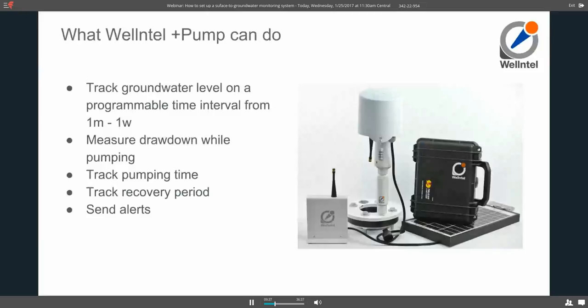Here I have pictured a Wellntel kit that happens to be powered by solar. On the left-hand side of this image is the gateway connected to internet. In the middle of the image is the sensor connected, in this case, to a well seal. It also might be connected to an access port on a turtle cap or a monitoring station, a piezometer style well.